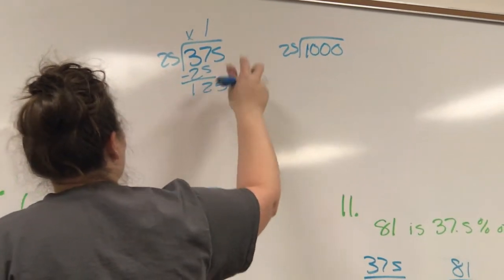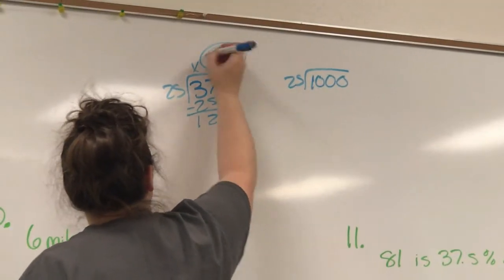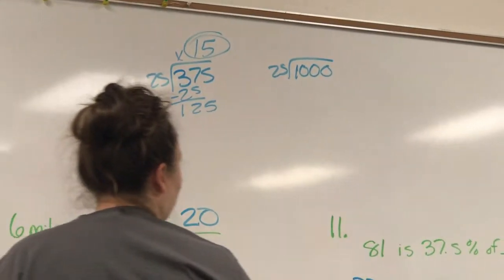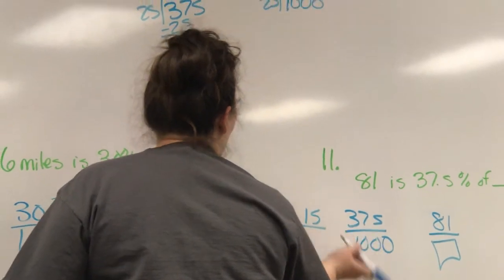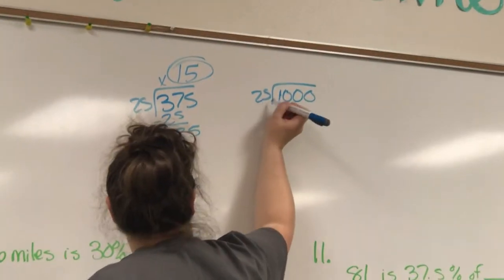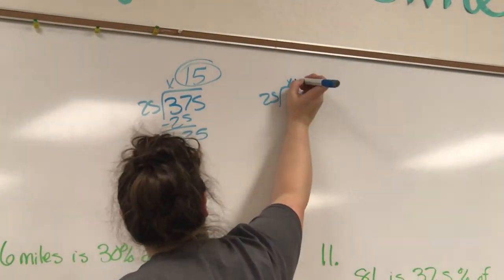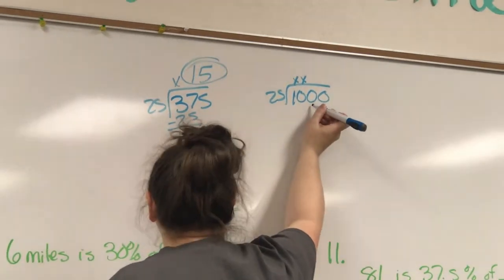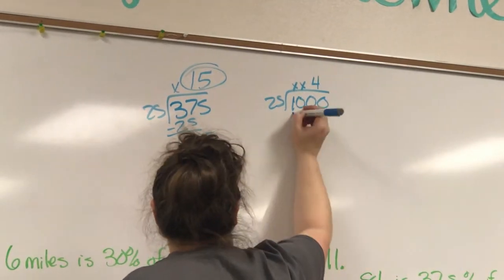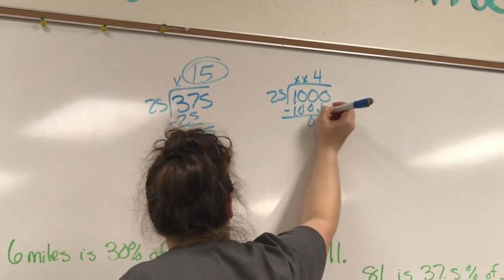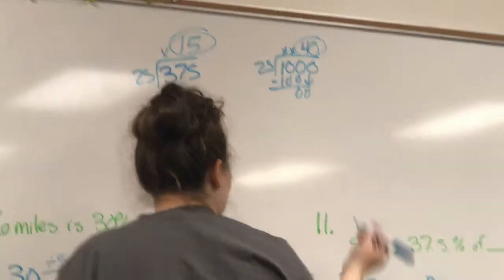Can fit into 125 5 times. So my top number is going to be a 15. And 25 cannot fit into 1. 25 cannot fit into 10. 25 can fit into 100 4 times with 0 left over. My bottom number is going to be 40.